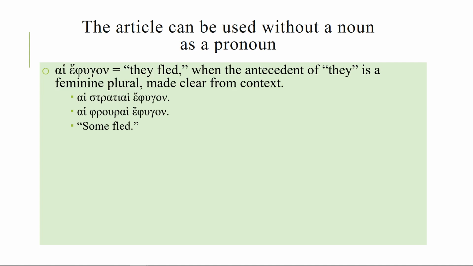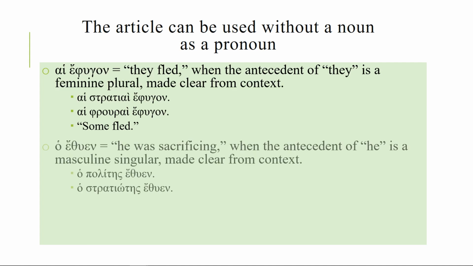And we'll see examples of that when we get into conjunctions. But most of the time, the article can be translated as a plain old pronoun if you don't have a noun expressed. Okay. Another example, ho ethuen, he was sacrificing.